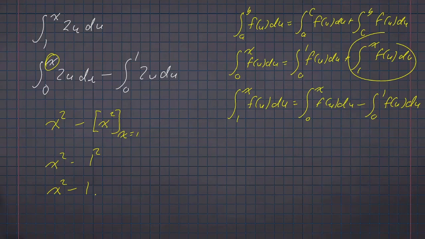And we can generalize this. I'm not going to go through the proof of the generalization, but pick any starting point, the integral from a to x of 2u du. And it's always going to be x squared minus some constant that you get by evaluating from 0 to a. And we can evaluate that and get a numerical value every single time.